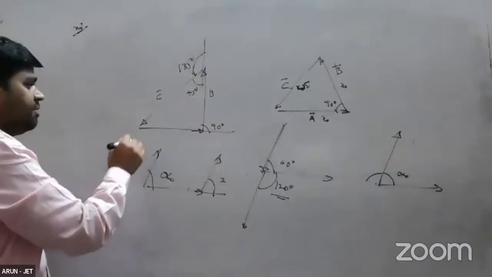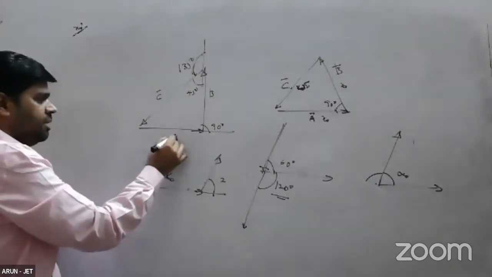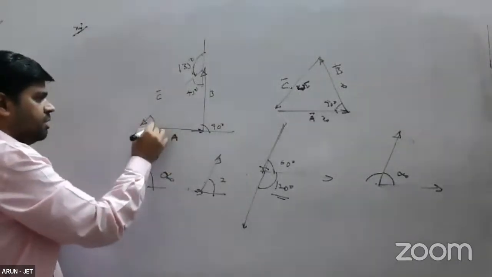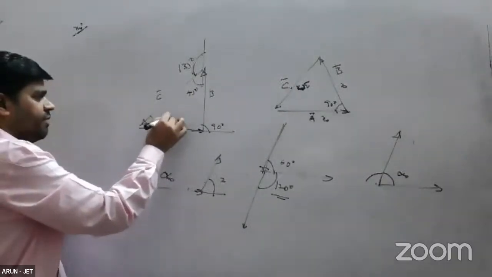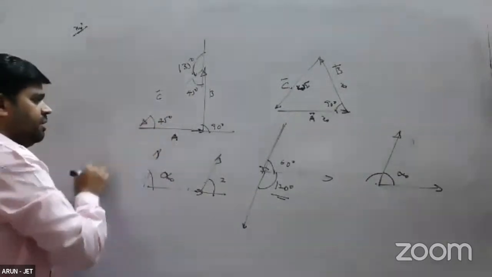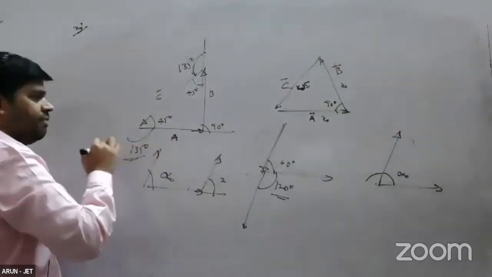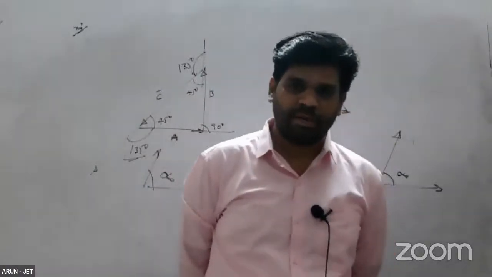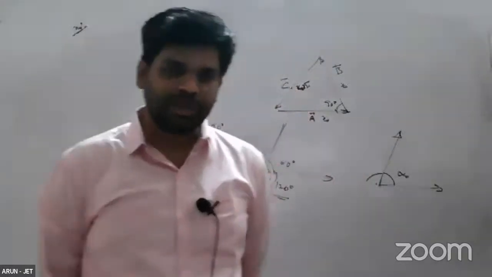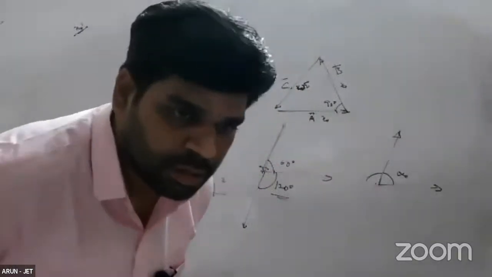All right. Now what is the angle between A and C? This angle is 45. But what is the angle between A and C? This is the angle. 135. Yes, that's right, Fatima. Is it okay, Bhavna? Is it clear? Yes, sir.